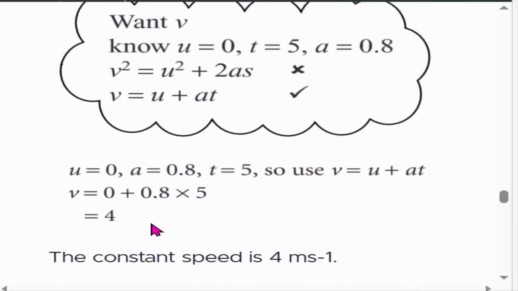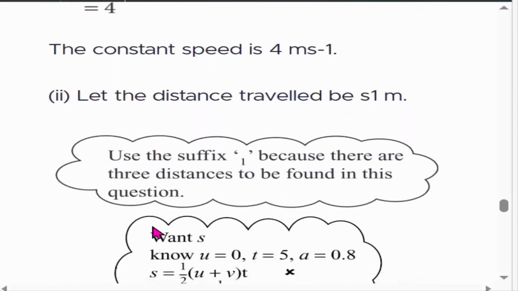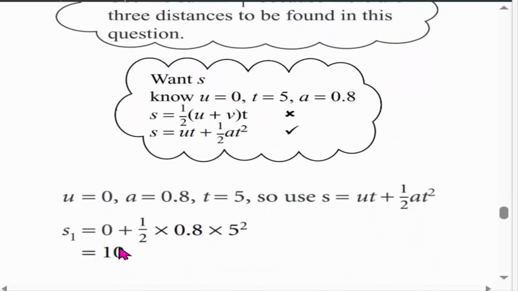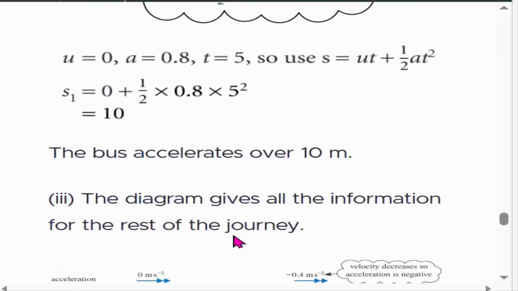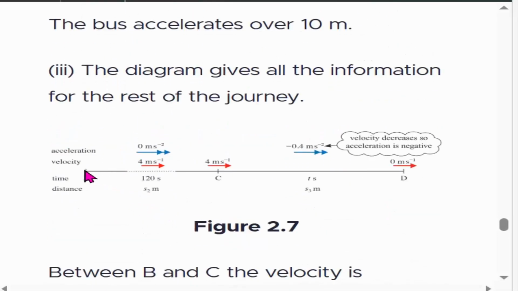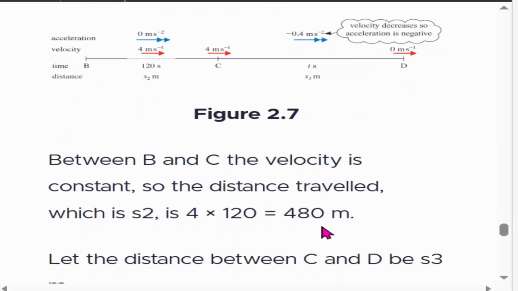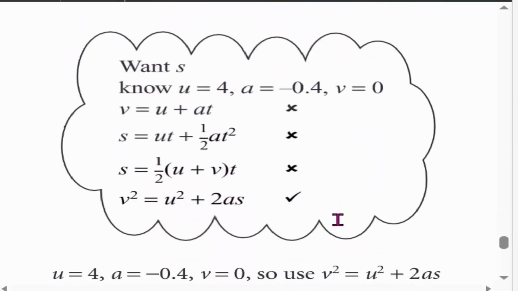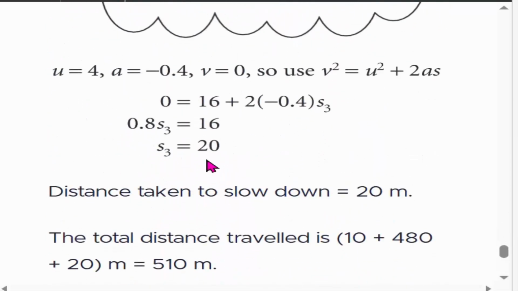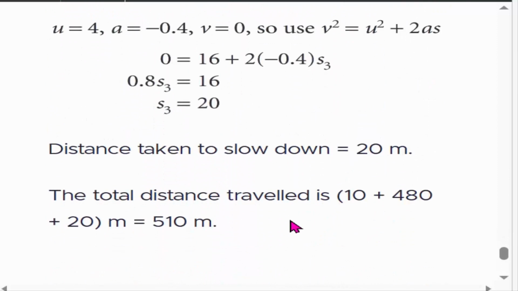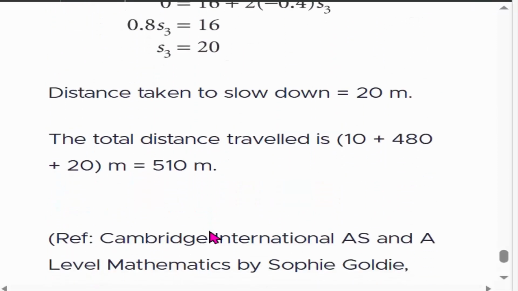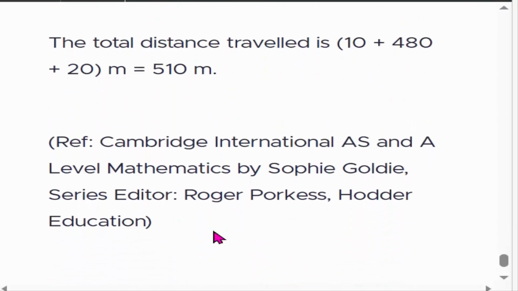First distance is s1, and the second one is s2. First one, s1, is 10 meters during the time of accelerating, and then during the time it moves at constant speed, we calculated the distance traveled is 480, and then during the time it decelerates we found s3, the distance, which is equal to 20. So total distance is 510 meters.